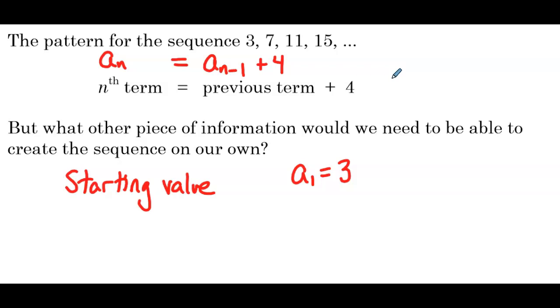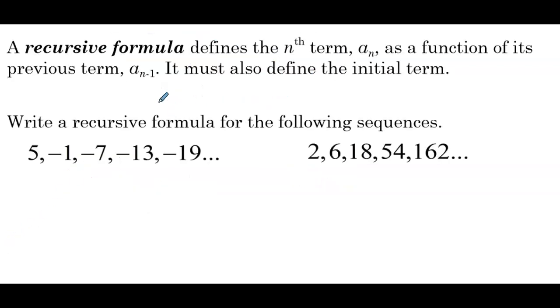We need the first term, and we need to identify the pattern with our subscript notation. So to formalize that idea, a recursive formula defines the nth term, a sub n, as a function of its previous term, a sub n minus 1. It must also define the initial term. Okay, so we got two things to define when creating a recursive formula.